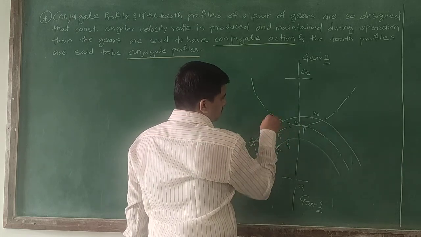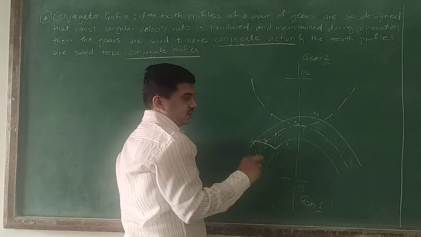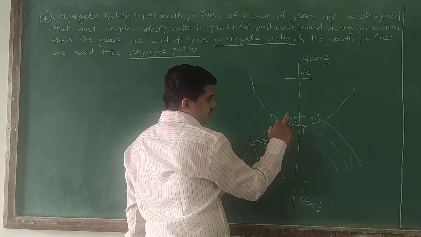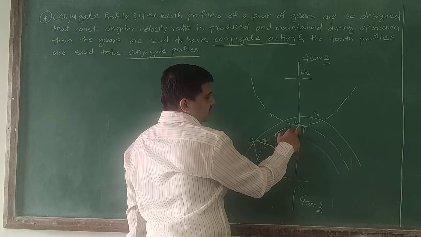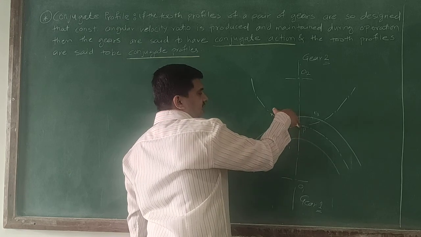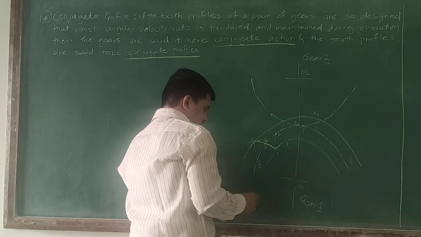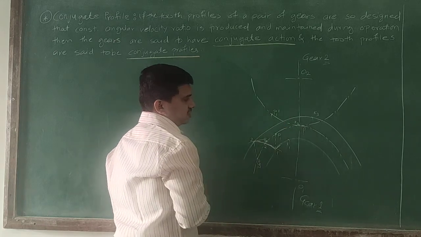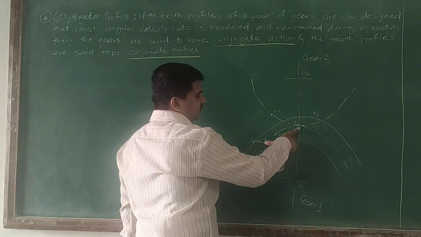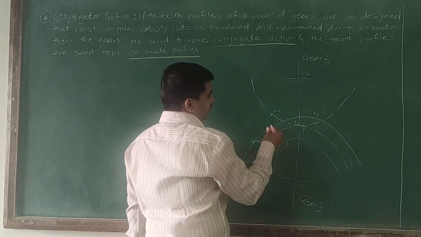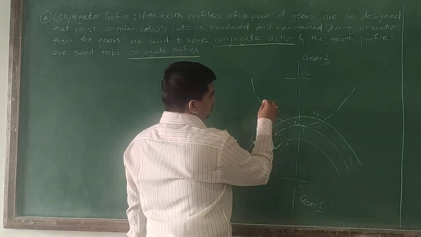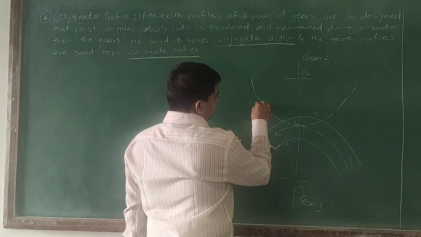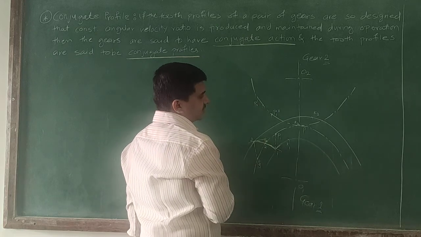So are you getting me? Considering the radius P1, we have cut an arc over here. So this is nothing but the P1 dash. Similarly, P to P2, and we will cut it over here. So this will be what we can say P2 dash.